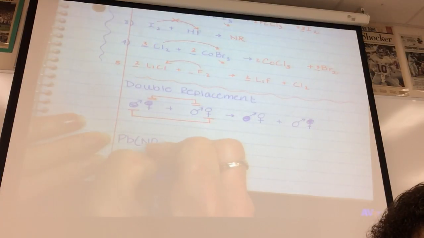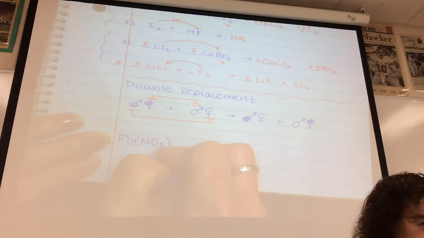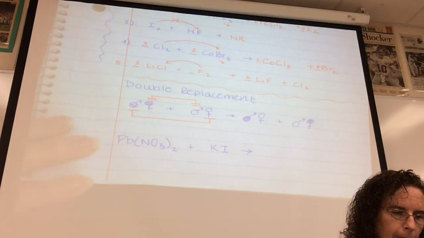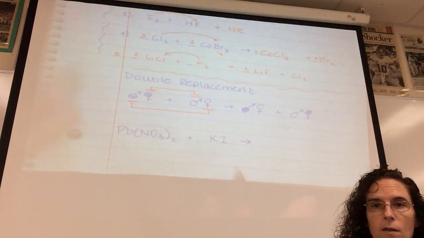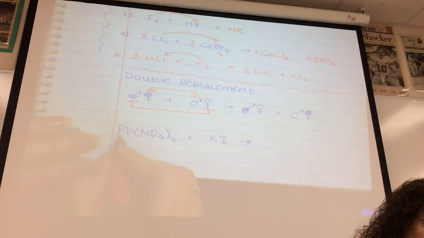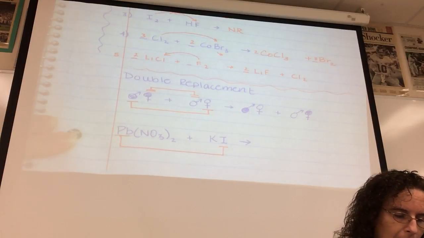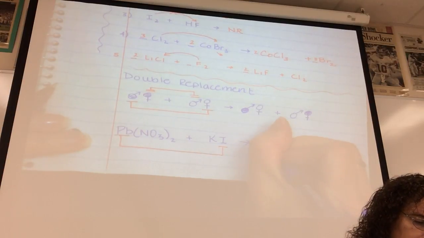If you had lead 2 nitrate reacting with potassium iodide, the metallic cation from this compound is going to bond with the anion from this compound, and you're going to get lead 2 iodide.